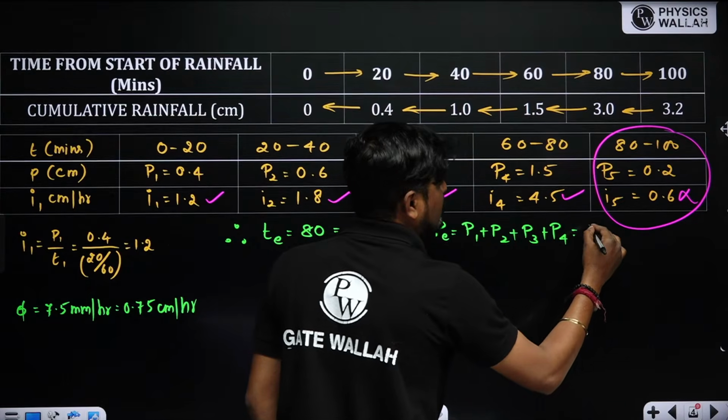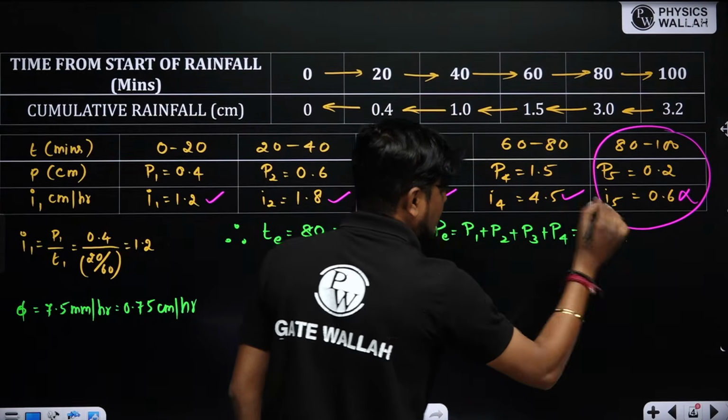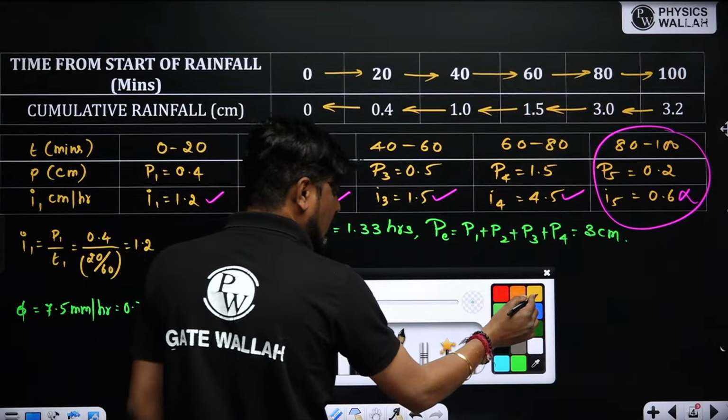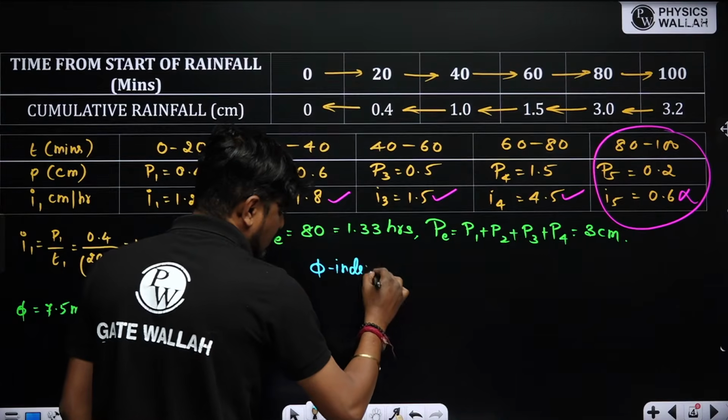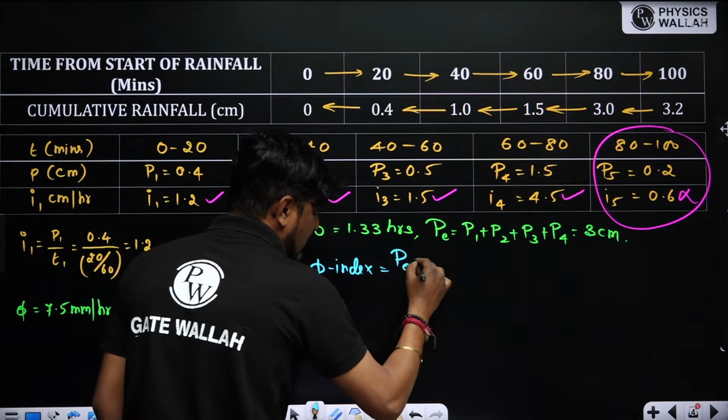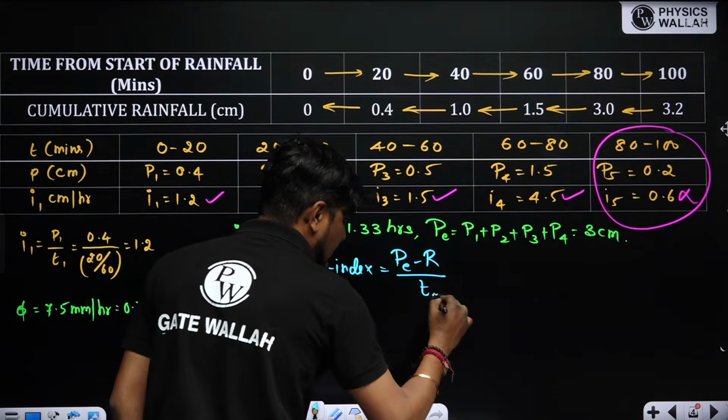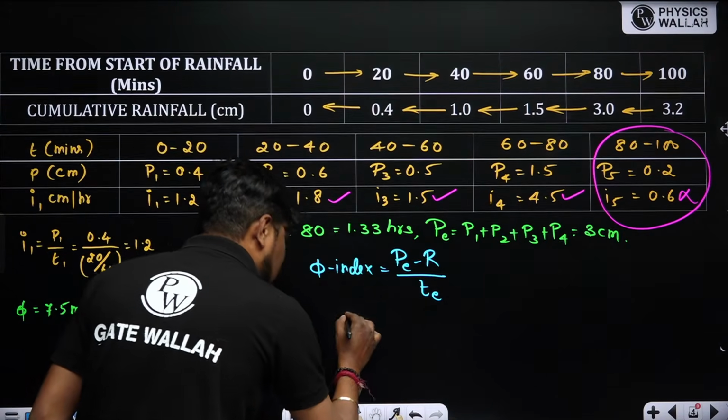This is equal to 3 centimeter. Now you know the phi index value. So phi index formula: phi index is equal to PE minus R divided by TE. Phi index value is 0.75.